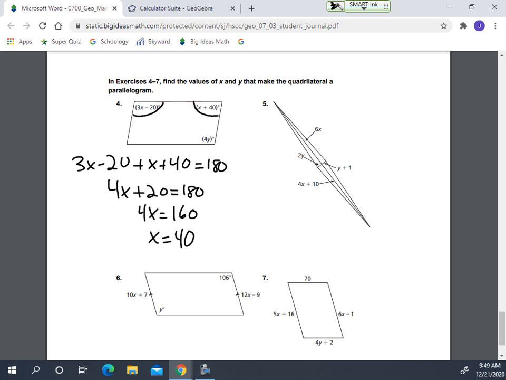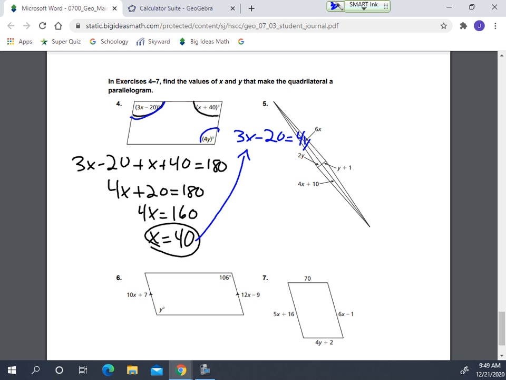Now, what does y equal? We don't know what y equals yet. We know that x is 40, and we know that this angle and this angle have to equal each other. So 3x minus 20 is equal to 4y.